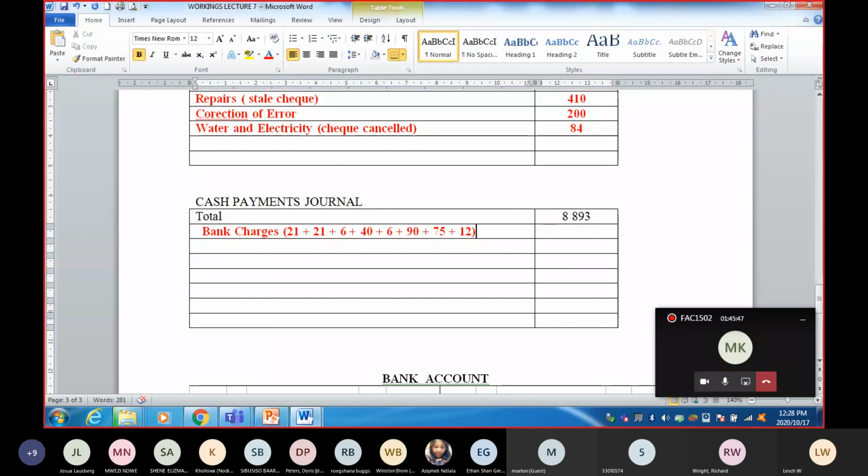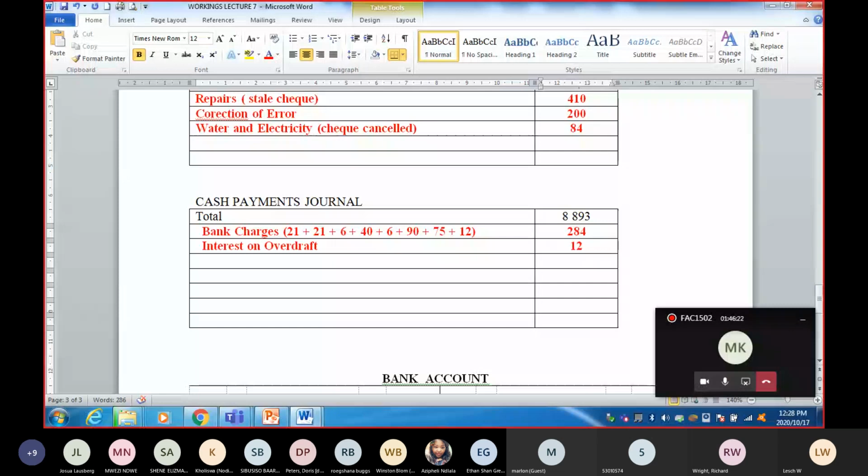If you add your bank charges together, it will come out to the amount of 284 Rand. You've got further charges, and that is the charge for interest on our overdraft, which we will record as a separate entry, and that is 12 Rand.